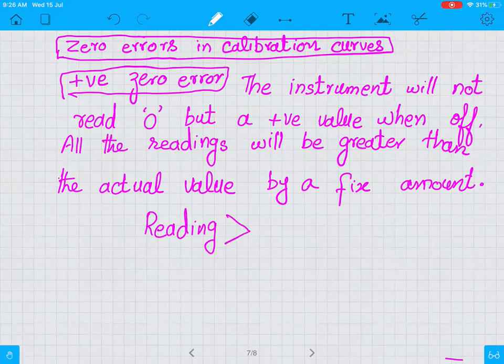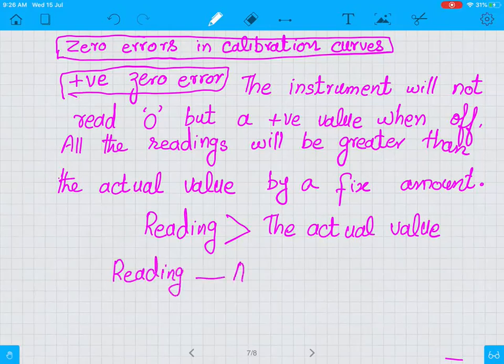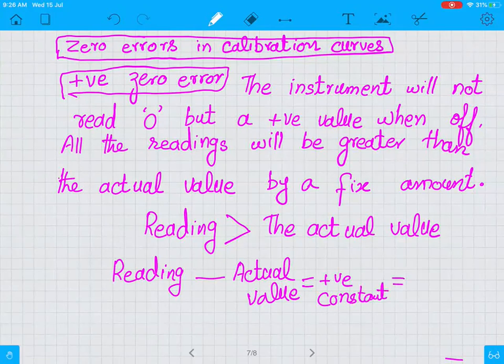So in case of positive zero error, your reading will always be greater than the actual value. And one thing, reading minus actual value, here you will get a positive constant, and the positive constant that you will achieve will be the positive zero error.